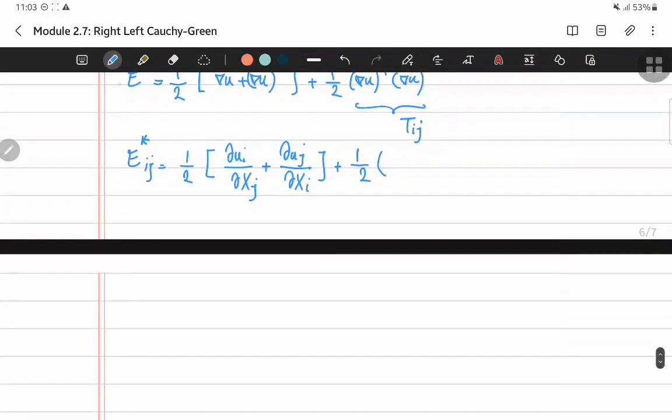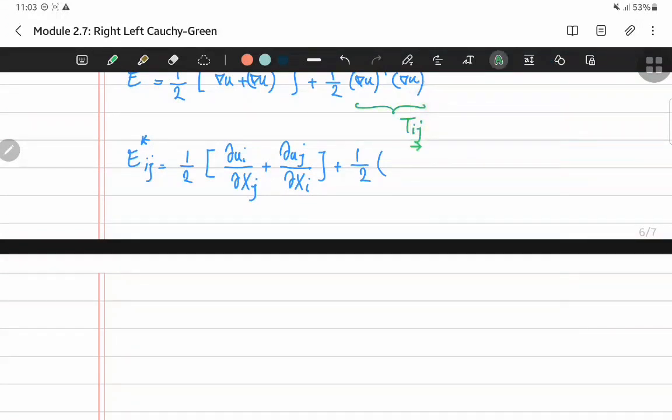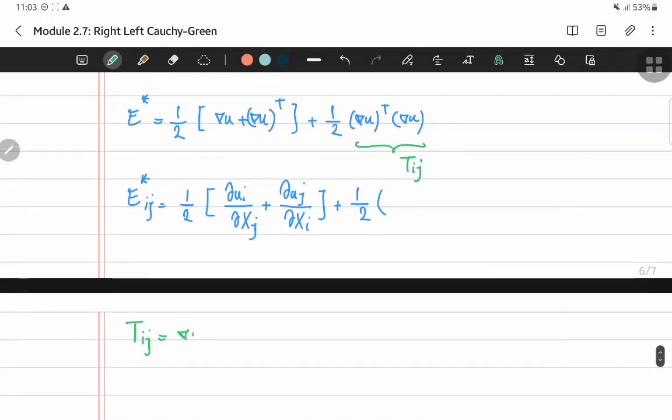And to get this, let me switch my color so you can get it better. So this Tij is basically del u transpose times del u. Let me write it like this: you have del u transpose im, del u mj. So finally what you get is a second order tensor Tij.